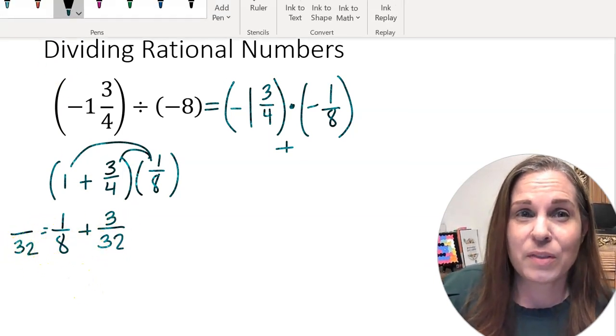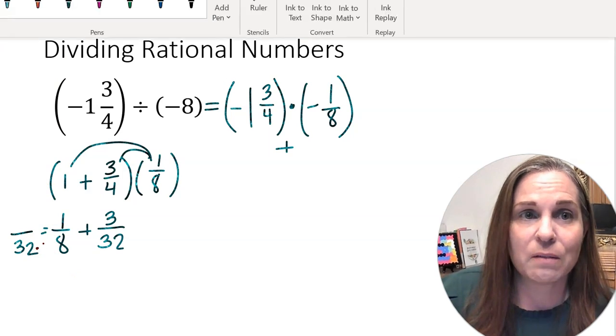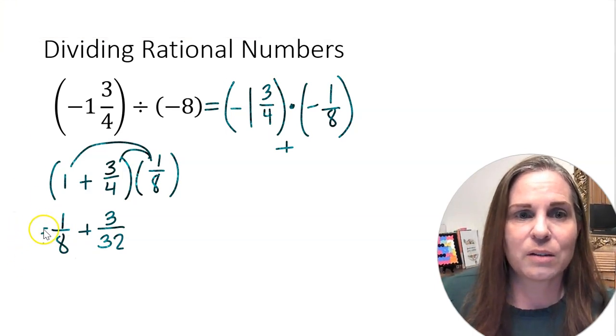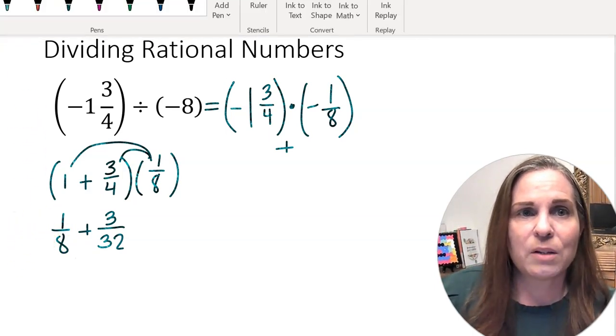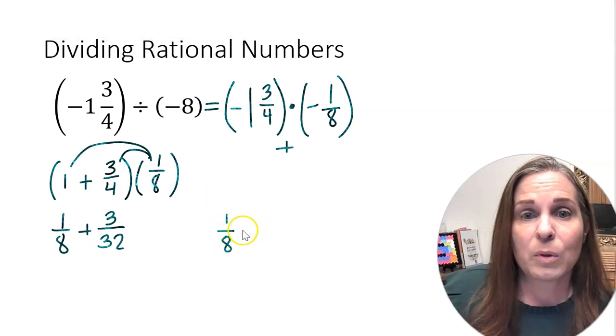And to figure out what that top number would be, I'd have to multiply by, oh wait, actually, let me do this the other way around. Let me do it off to the side because I don't want to confuse anybody. So I'm going to rewrite 1/8 with a denominator of 32.